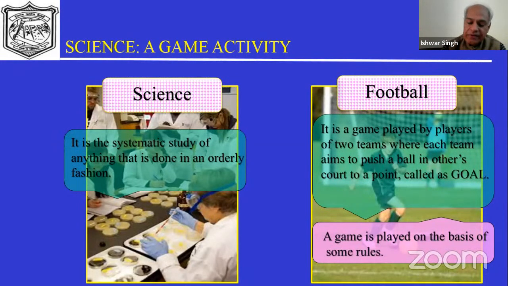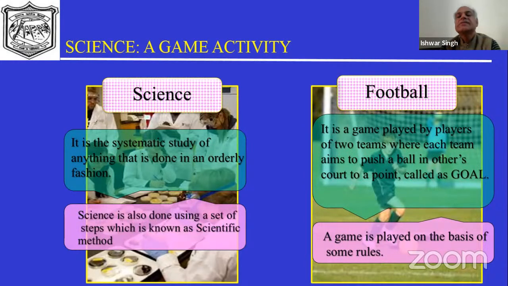That set of rules in case of science is known as the scientific method. So in science, we are doing the systematic study of anything through the scientific method.